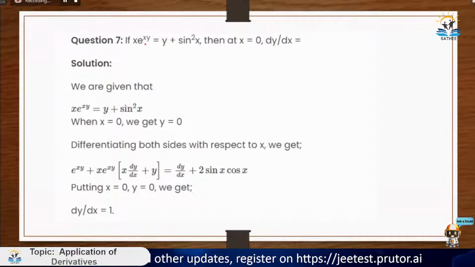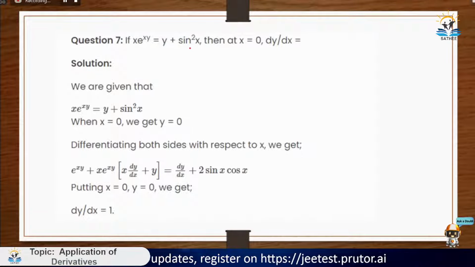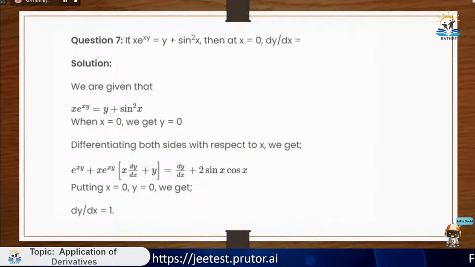If x e power xy is equal to y plus sine square x, then at x equal to 0, what is the value of dy by dx? Okay, so firstly, simply calculate dy by dx.